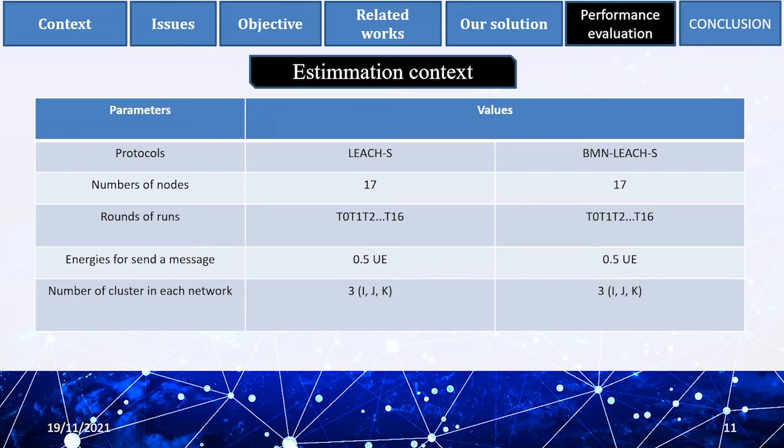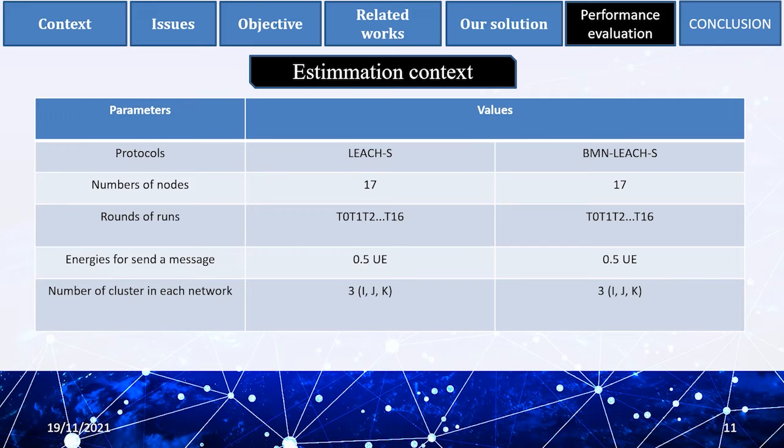We assume that during a communication round, a member node consumes 0.35 energy units to communicate with its CH, and the latter also uses 0.5 energy units for the processing of each received message.